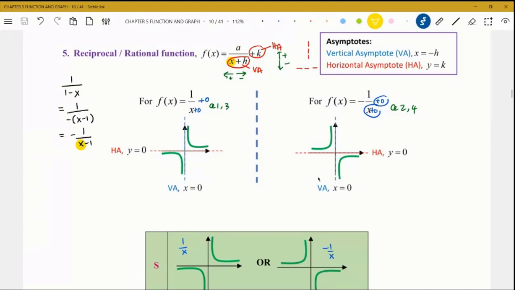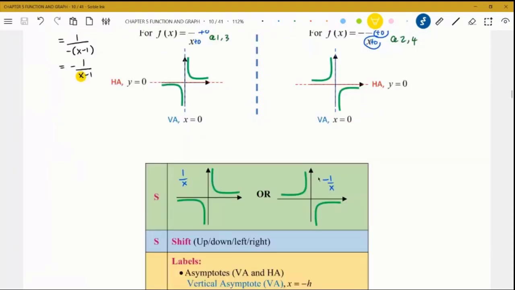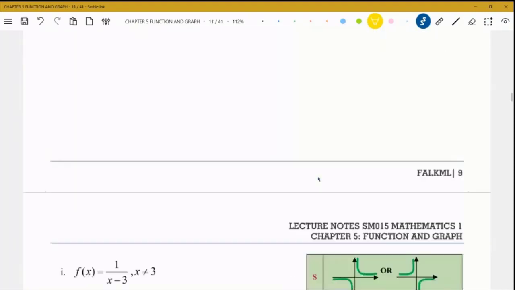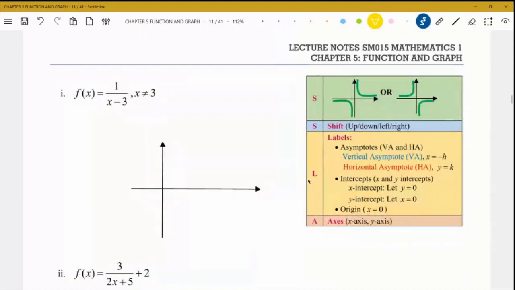Okay, dalam exam sketching mesti pakai pensel. So we go through example 1, which is 1 over x minus 3. So it's positive x. So bermaksud dia adalah pada kuadran 1 dan juga 3, bentuknya adalah seperti ini.